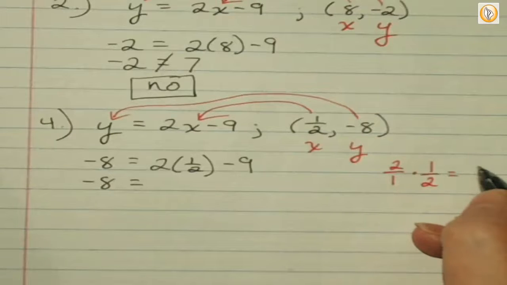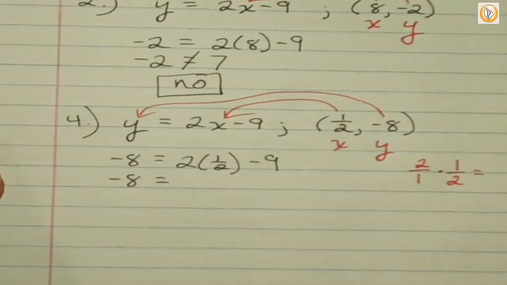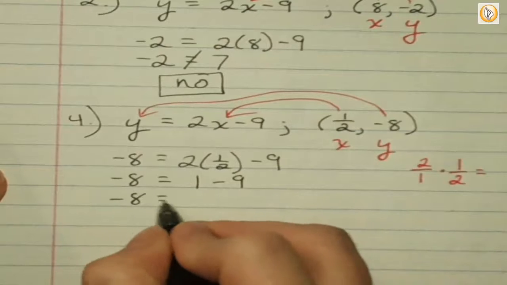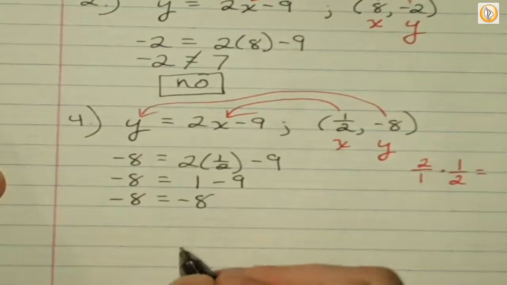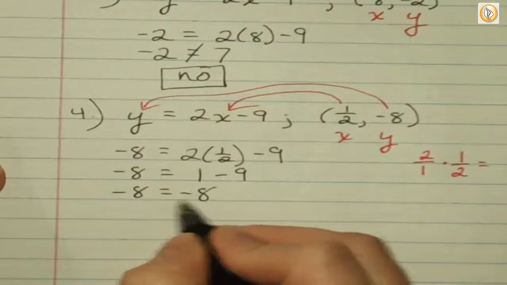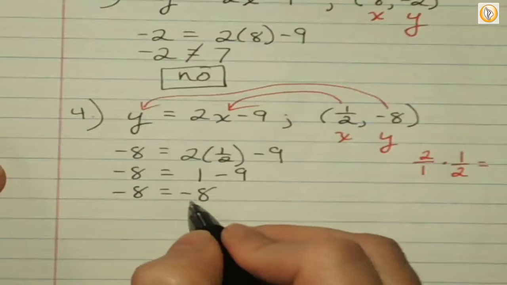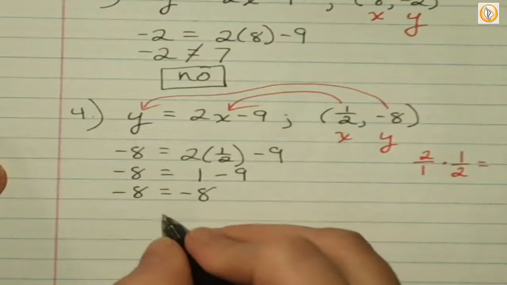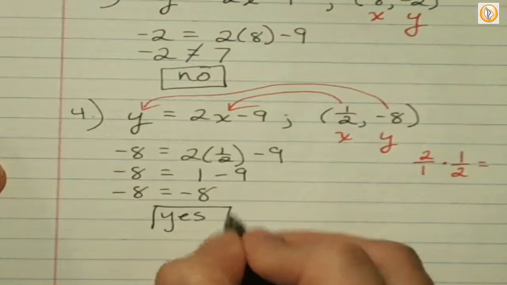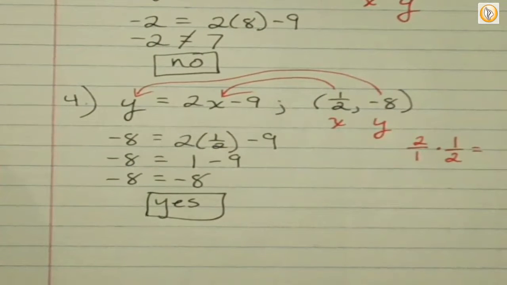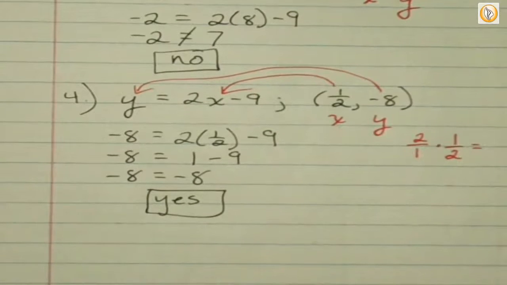Okay, which is 1. So 1 minus 9. What is 1 minus 9? -8. So Joseph, is this a solution? Yes, it is, because -8 equals -8. So then you would write yes. Make sense? Okay.